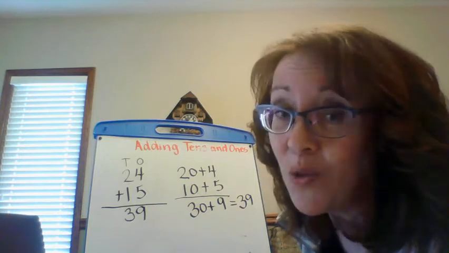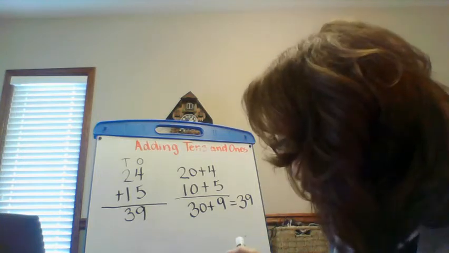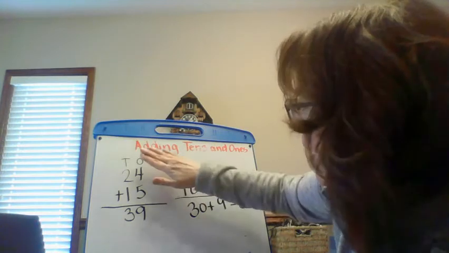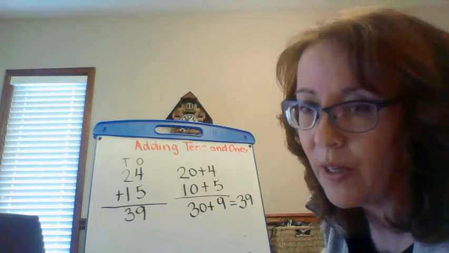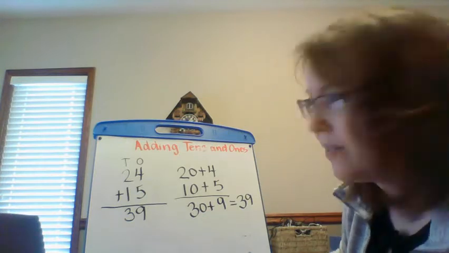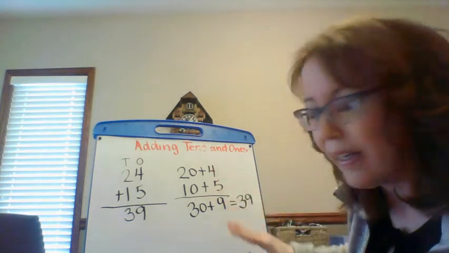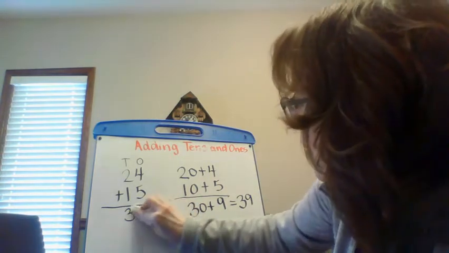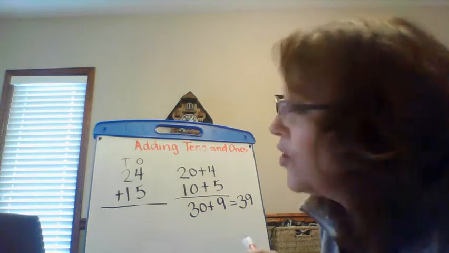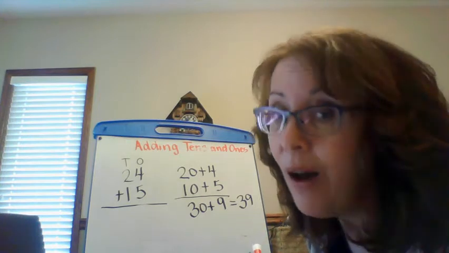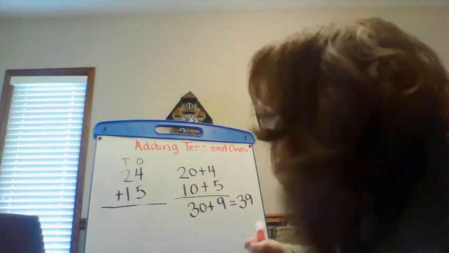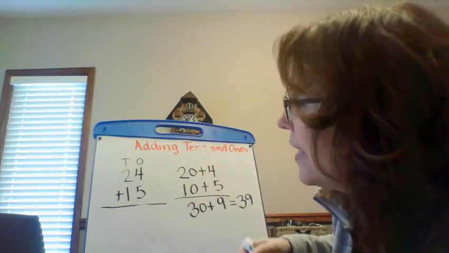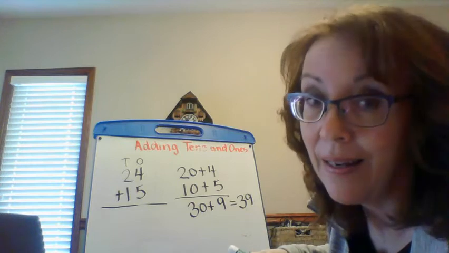Now finally, there's one more way you can do it. And once you have all of that in your head, you can just go ahead and add with your question. So without manipulatives or without expanding, you can take a look and you can see that when you're adding, always start on the right. 4 plus 5 equals 9.